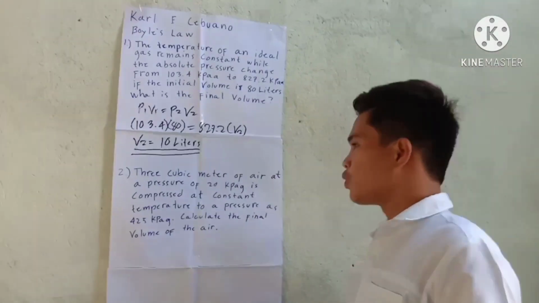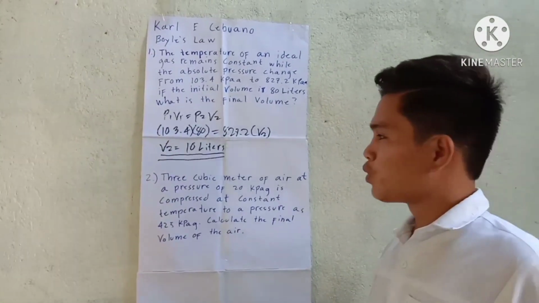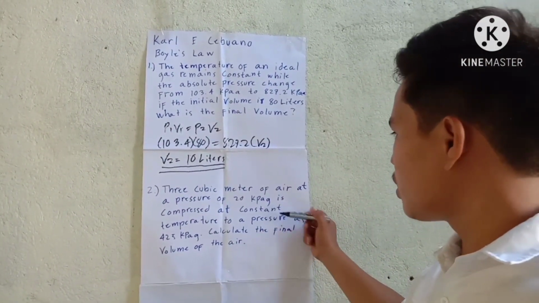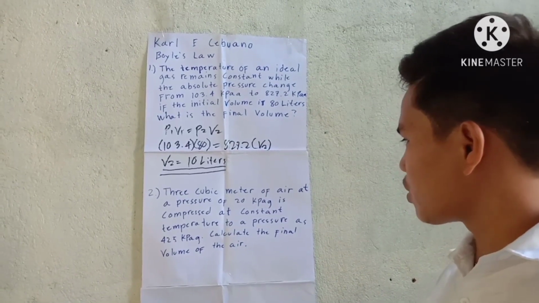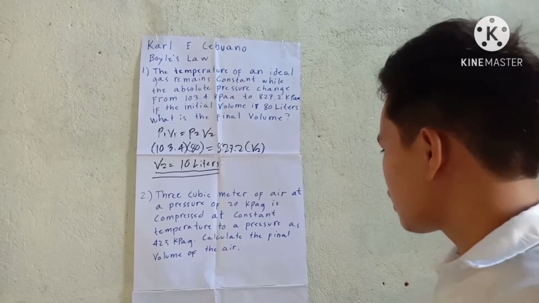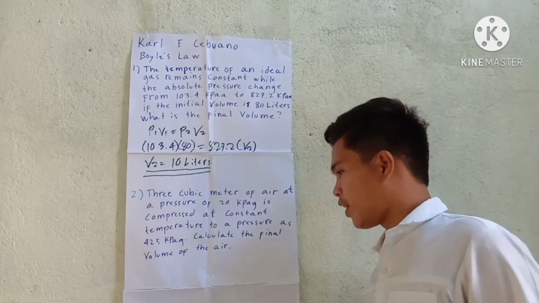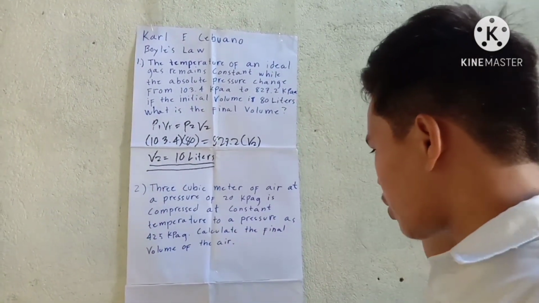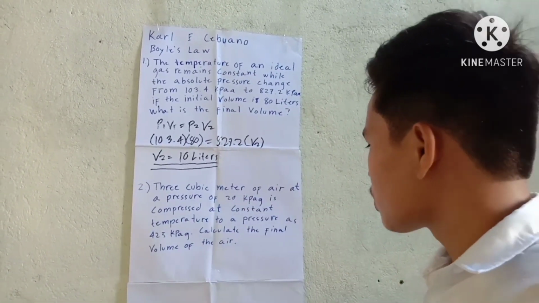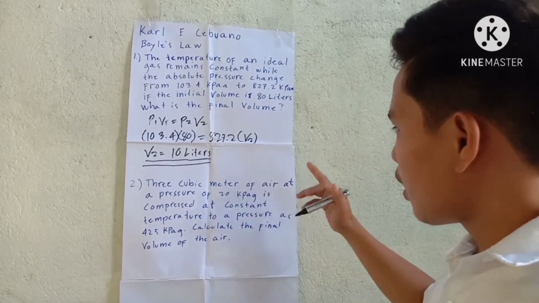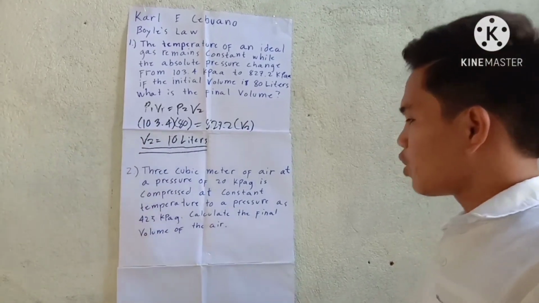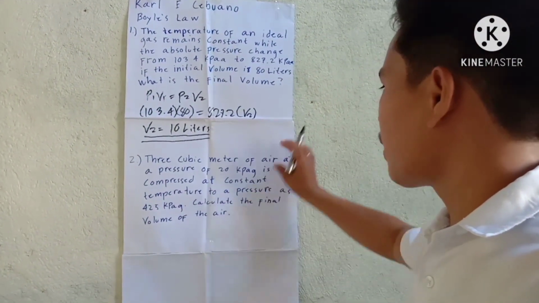Then we proceed to problem number 2. 3 cubic meters of air at a pressure of 20 kPa gauge is compressed at a constant temperature to a pressure of 425 kPa gauge. Calculate the final volume of the air. Since the pressure is given as 20 kPa gauge, we need to add the atmospheric pressure of air, which is 101.325 kPa.